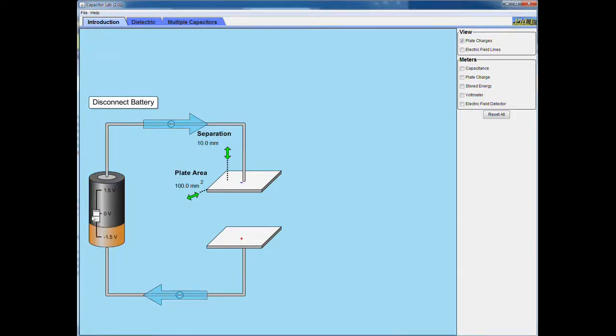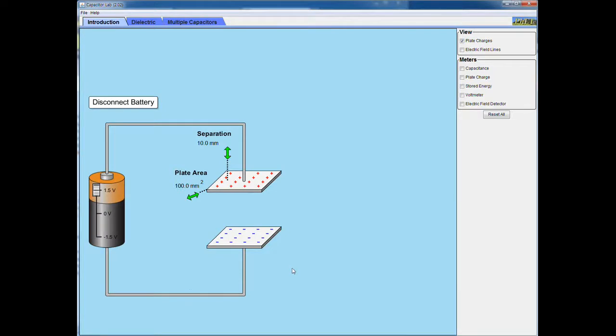Then we can put it to minus 1.5 volt. Now the positive charge has moved to the bottom plate, while the negative charges have accumulated on the top plate. So the polarity can be easily reversed in a capacitor. Then let's put it back to plus 1.5 volt.